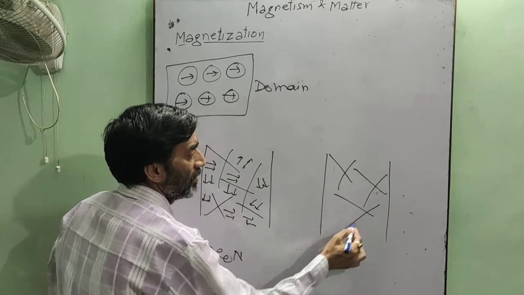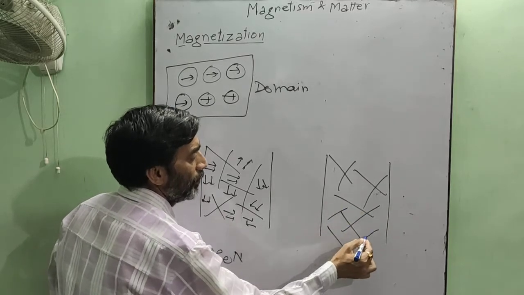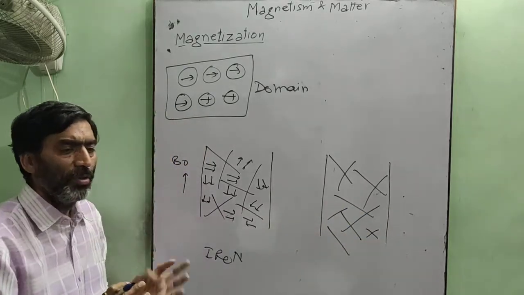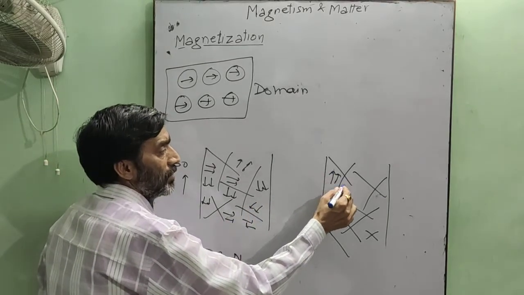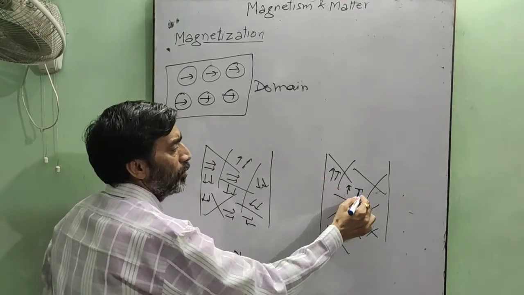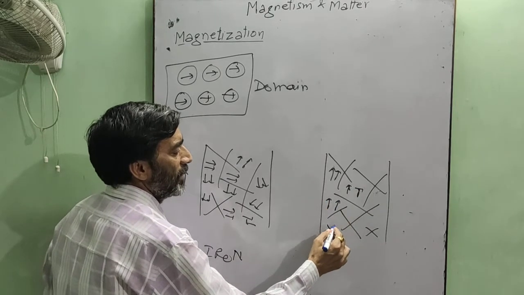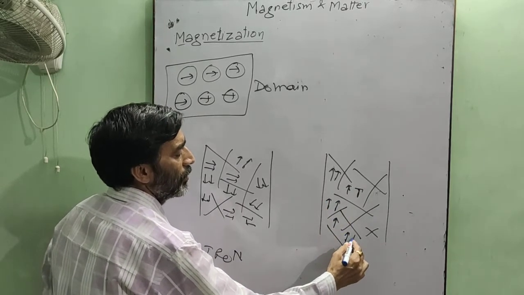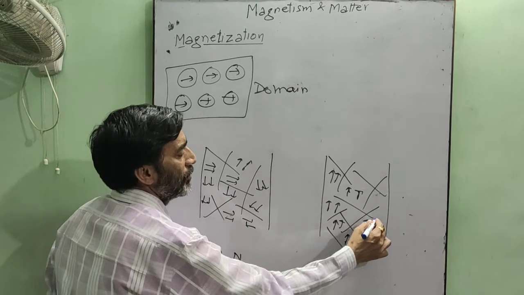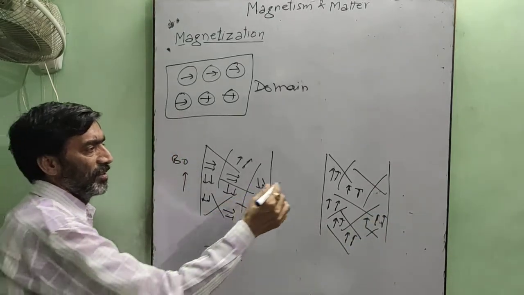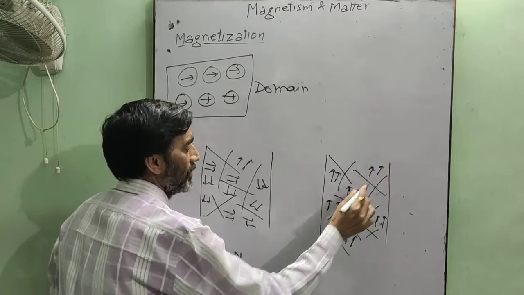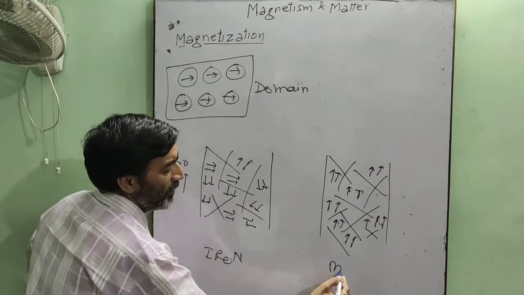Now the torque acts on the dipoles, the small domains. The domains align in a single direction, in the direction of the external magnetic field, and this iron behaves like a magnet.